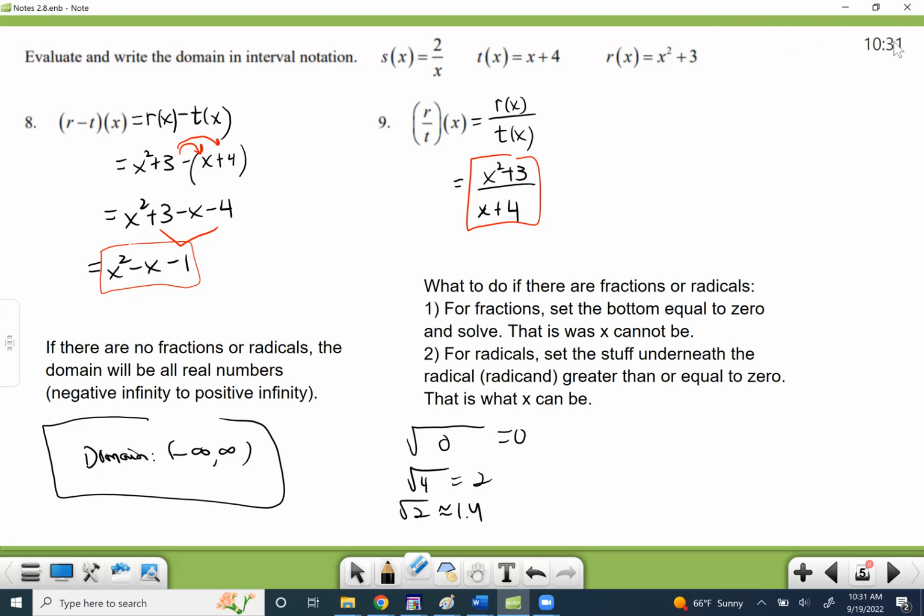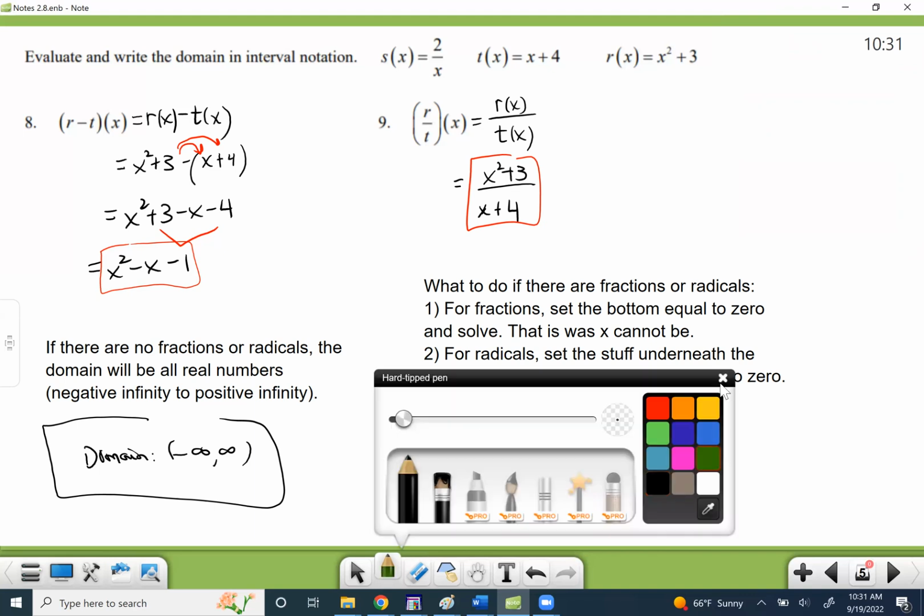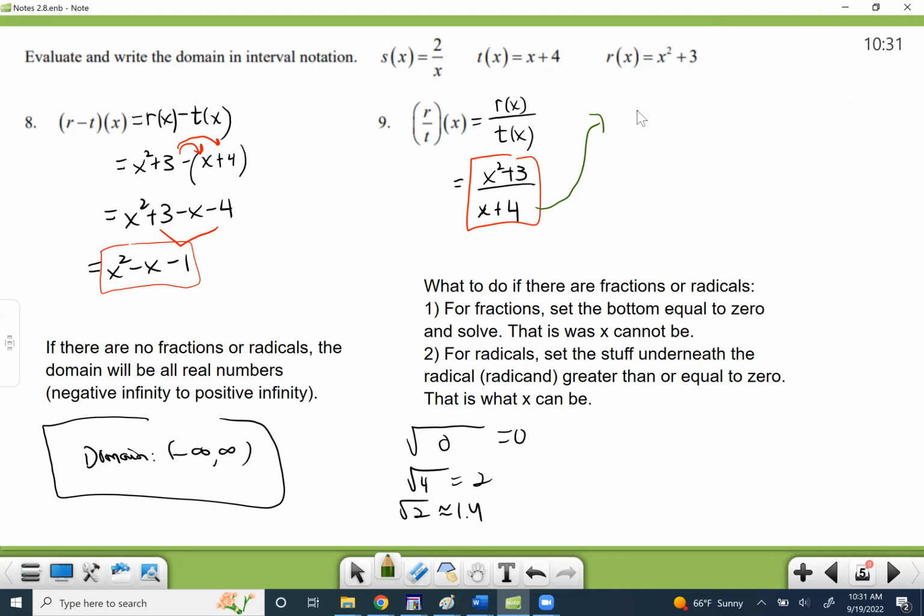All right, so for fractions, you set the stuff in the denominator equal to 0 and you solve. So we're going to take x plus 4 and we're going to set it equal to 0. And that is what x cannot be. So how do I show in interval notation my domain? So -4 is not allowed, but everything this way is and everything that way is.